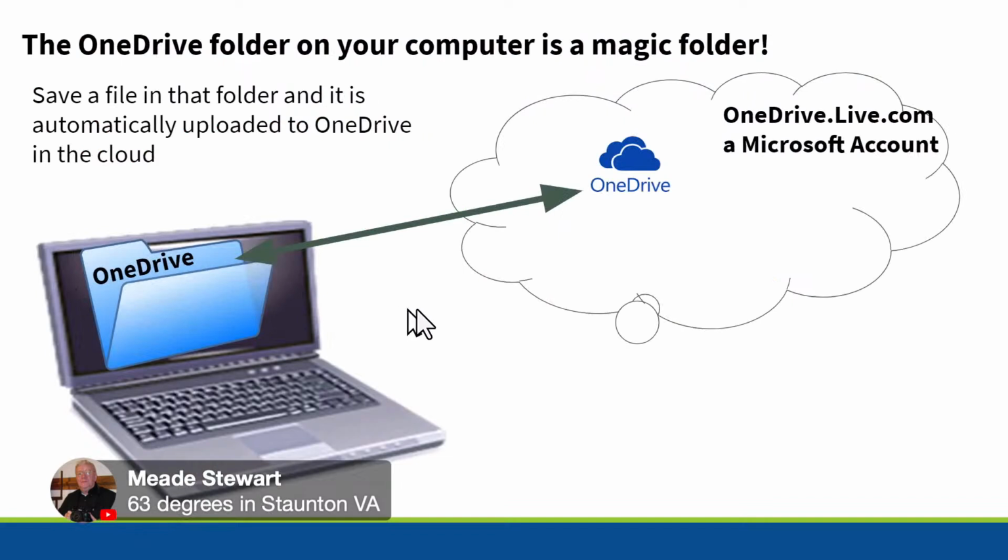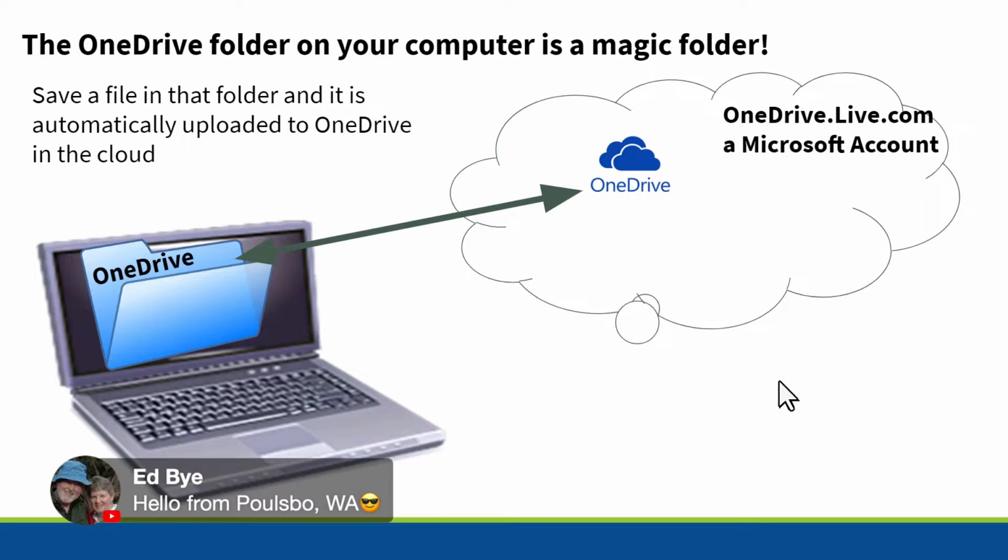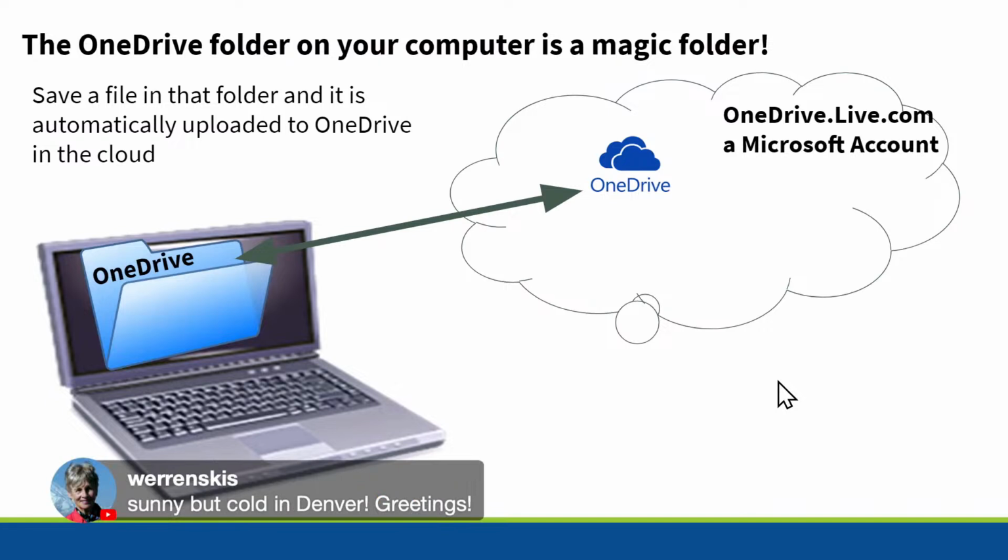First, just a little bit of context about OneDrive. Windows 10 and 11 computers all come with a OneDrive folder preset up on the computer. What you need to know is that OneDrive folder on your computer is what I call a magic folder.